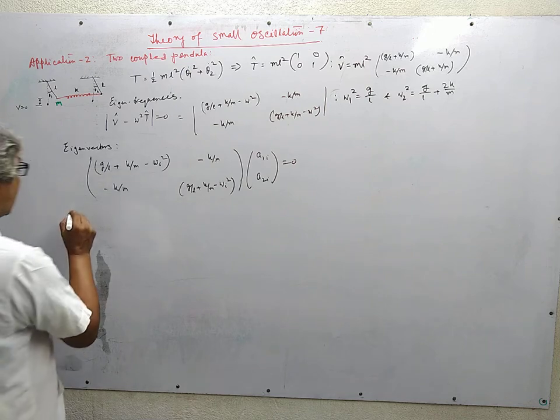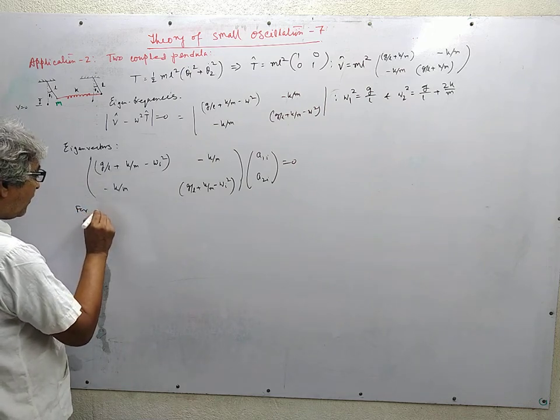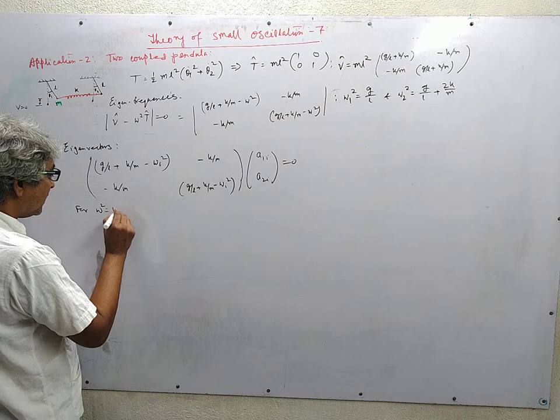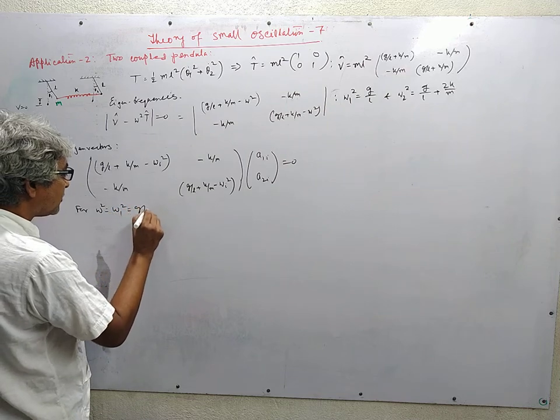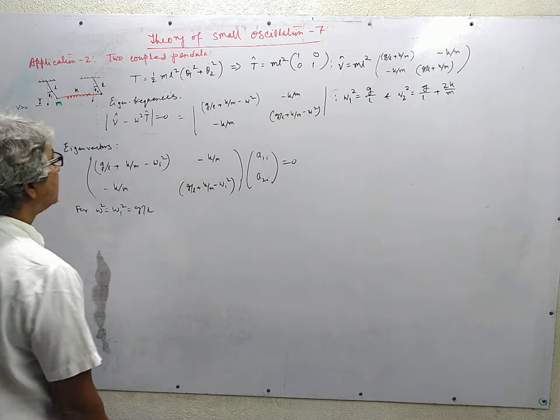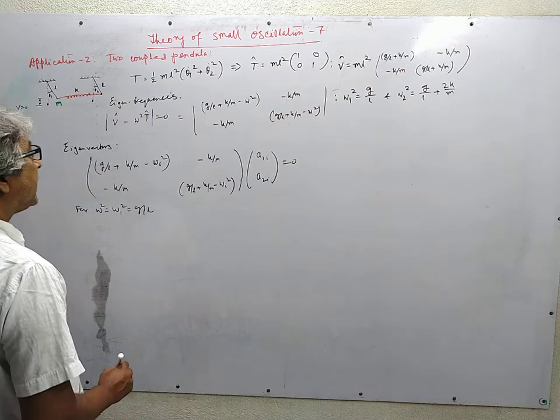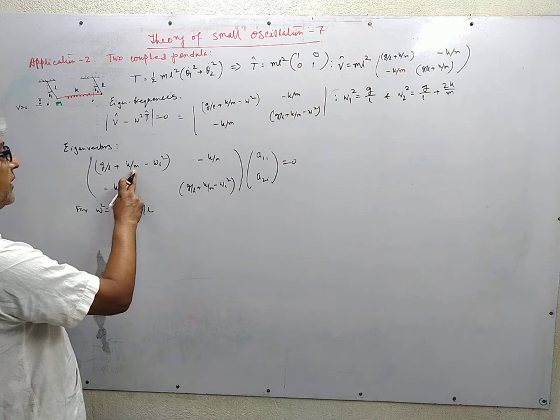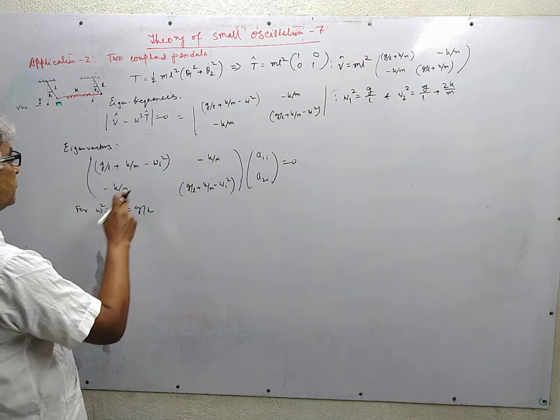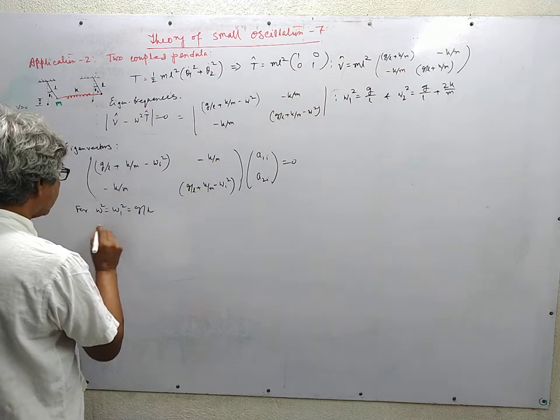For omega square equal to omega 1 square is equal to G/L, we see that this cancels and we have K/M, this is plus K/M, this is minus K/M, this is minus K/M, this is plus K/M.